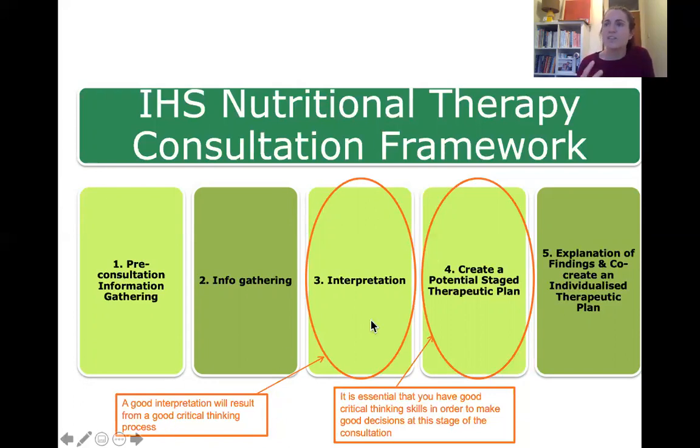So a good interpretation requires good critical thinking skills. The reason for that is, an interpretation is basically where you identify what clinical imbalances you think are contributing to the client's health concerns, and what nutrition, lifestyle, and environmental factors have contributed to those clinical imbalances.